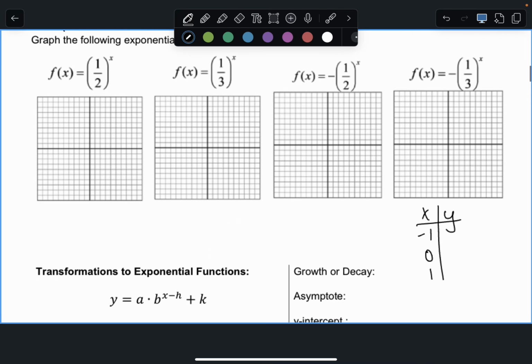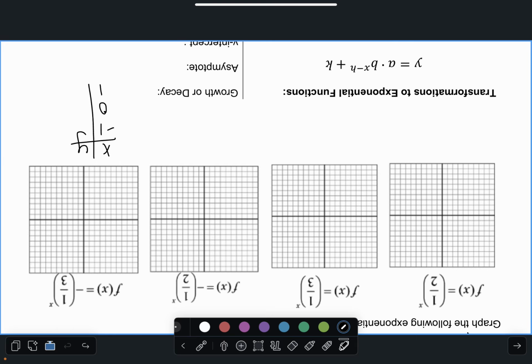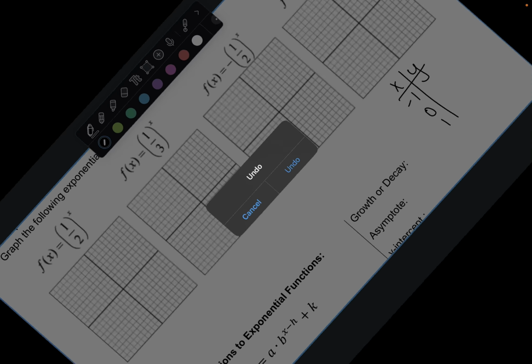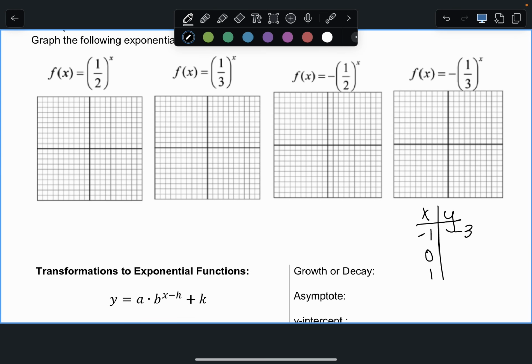So going back down here, what is 1/3 to the negative first power? It's going to flip it. So the 3 is going to be on top, and it's to the first. So 3. And then that negative in front. So -3. Let me show my work here.